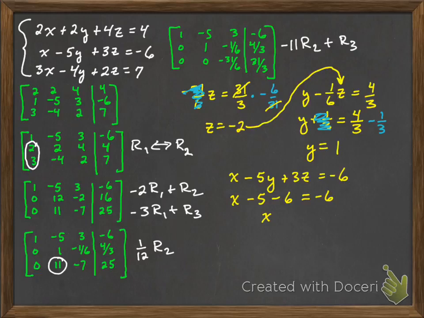So we have x minus 11 equals -6, and adding 11 makes x equal to 5. So our solution is the x value of 5, the y value of 1, and then the z value of -2.